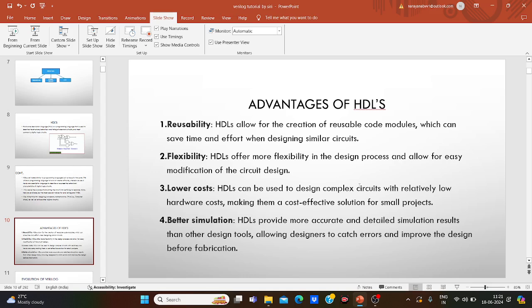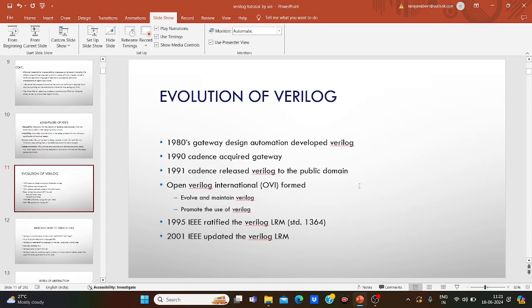So if you make any mistakes during the fabrication process, it really costs much, right? So in order to avoid that, we are using an HDL. That means we are designing our particular IC in software, and if we observe any bugs, we will remove them, and we can easily design our chip. So these are the advantages of HDLs.